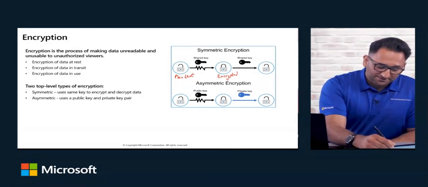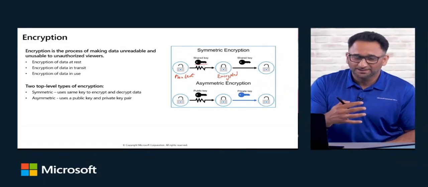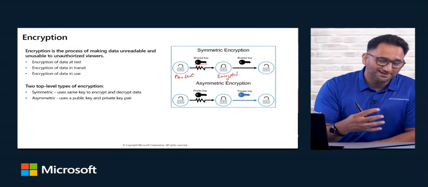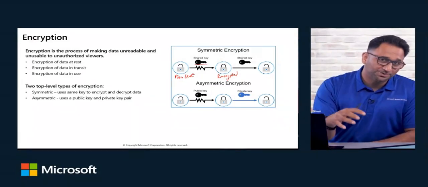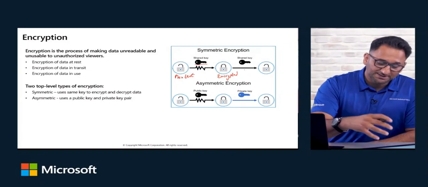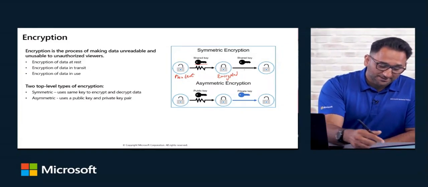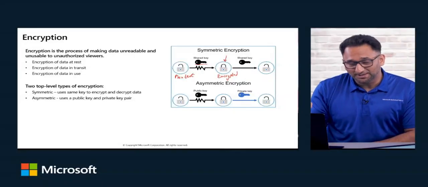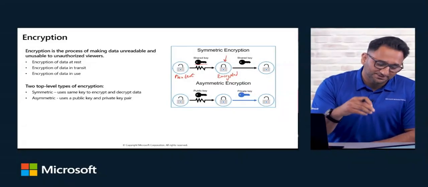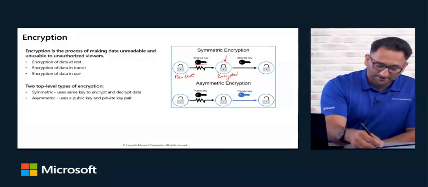Now, to do this, typically you'll need to use a key. This key is typically an algorithm that you're using in the backend to convert this simple plain text into non-readable format. Once this data is encrypted, anyone that gets access to this data without that particular key should not be able to read or get to the information that's within this file.